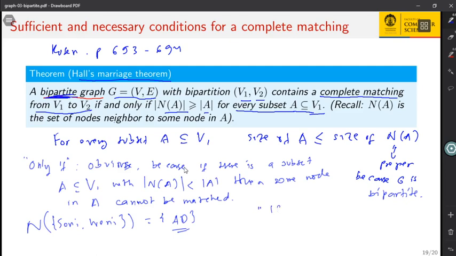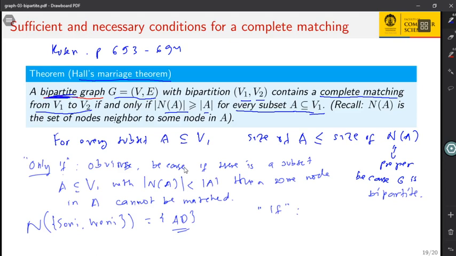The if part, so this is the necessary condition part. The sufficient condition, meaning that if every subset of phi1 satisfies that its size is less than or equal to the size of its neighbor, then the bipartite graph will contain a complete matching. That is slightly more involved.